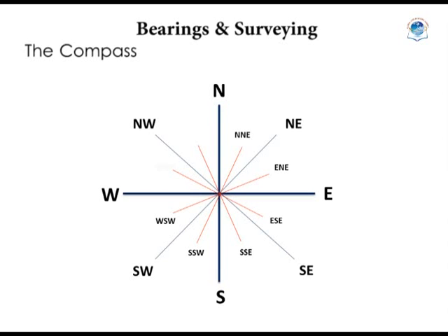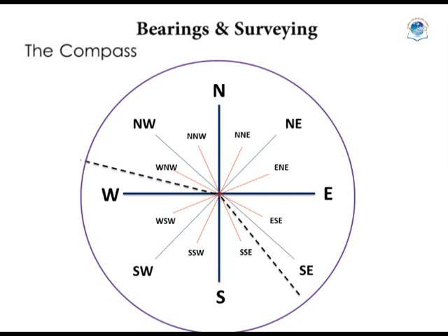This is a very useful way of designating 16 different direction points. But the problem arises when we talk about directions in between these points. Do we talk about south-southeast, southeast, or west-southwest? We end up with huge names and still might not be able to locate all points. So instead, we use a different system.